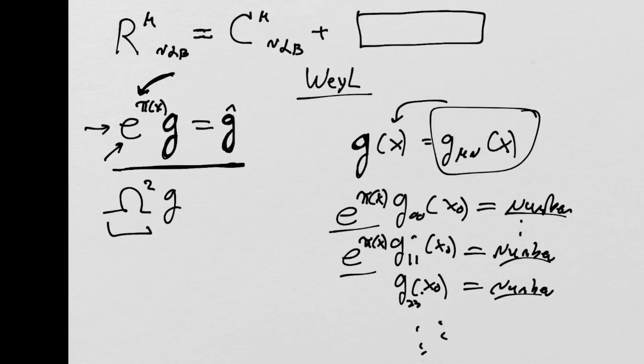But at every point in space-time, each component is just going to be different by a factor. The problem is this is a function on space-time too. So the factor that the metric components are multiplied by changes at every different point in space-time. So it's not totally trivial.